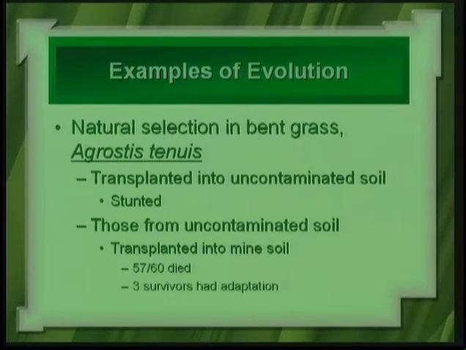So these 3 survivors just happened, randomly, to have the adaptation that allowed them to live on contaminated soil and even thrive. This is a good example of evolution. They were able to live fairly well in the mine soil, and they already had that before they were transplanted.